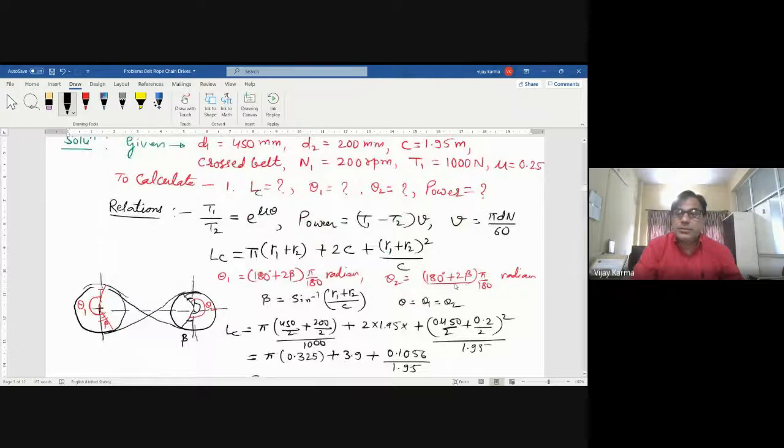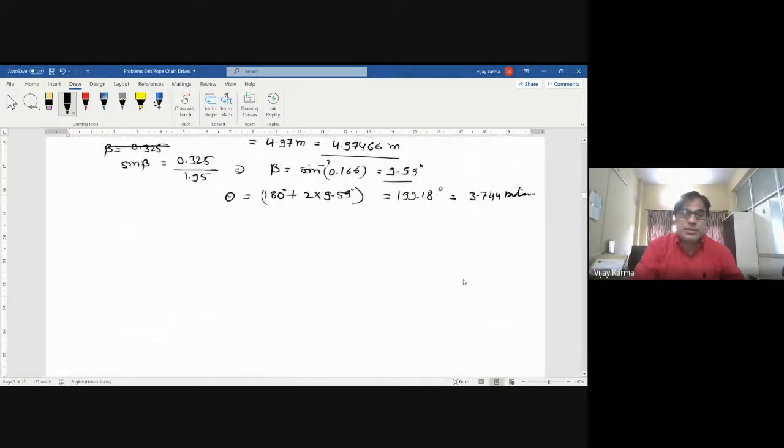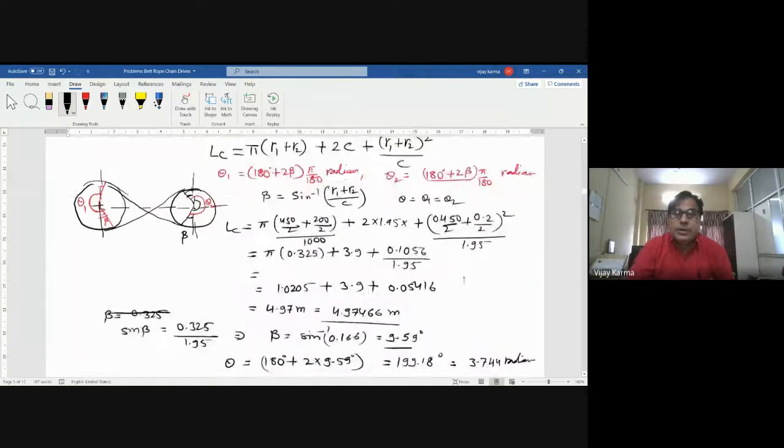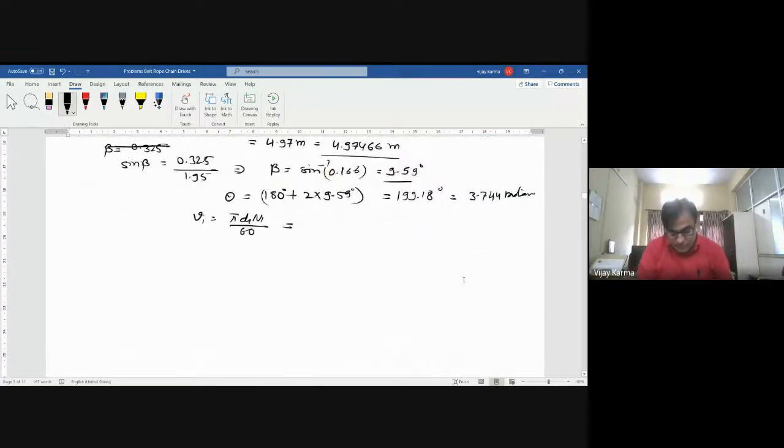Now for T1 and T2, we first find the velocity. V1 is equal to pi d1 n1 by 60, that is pi into 0.450 into 200 divided by 60, so it is 4.71 meters per second.